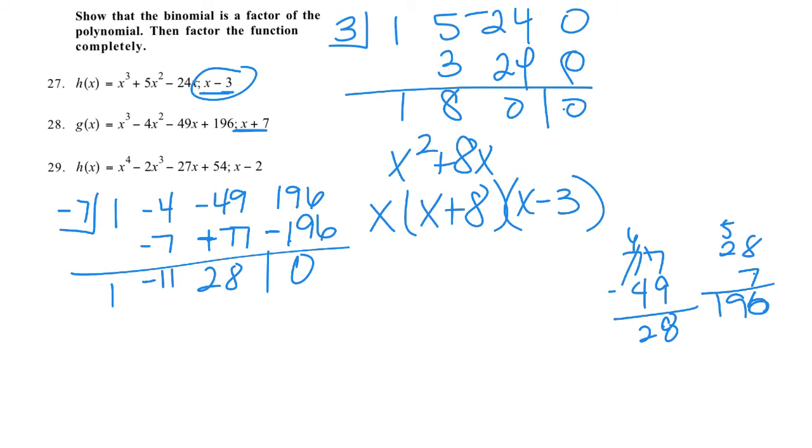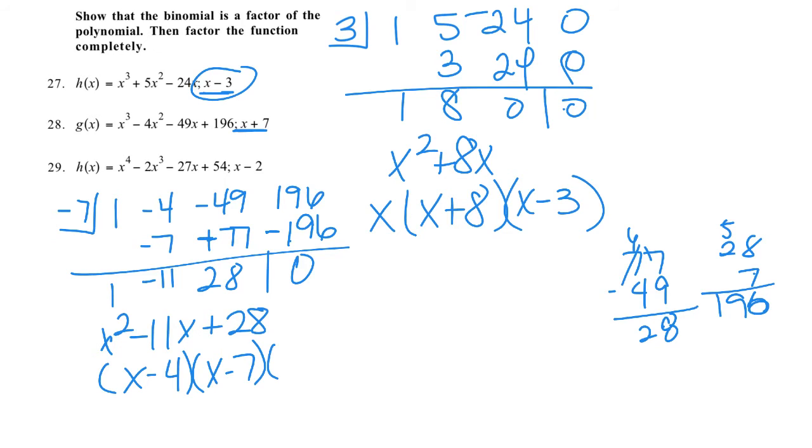So that's how we show that it's a factor, and then you factor what's left, x squared minus 11x plus 28, and this is x minus 4, x minus 7, and what did I start with? An x plus 7, so include that one in my final answer.